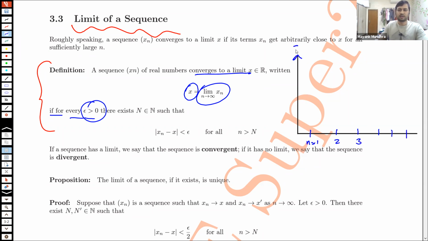Suppose this is their xn values. So for n equals 1, let's say this is this, and so on. So the sequence is, let's say, going up in this manner. It looks like a logarithmic curve. Okay, it's going up.